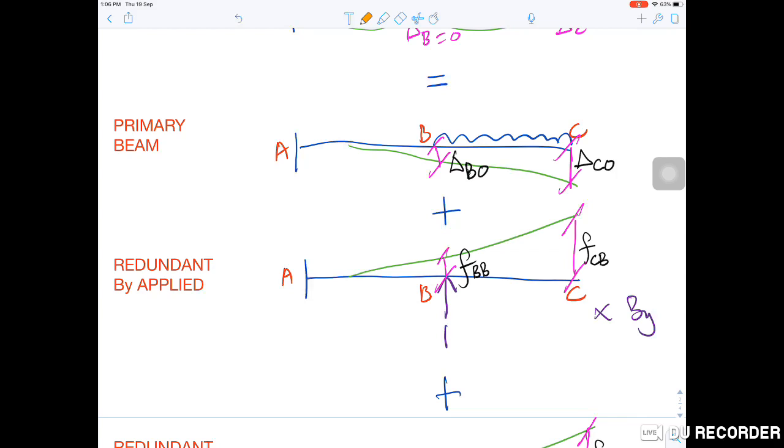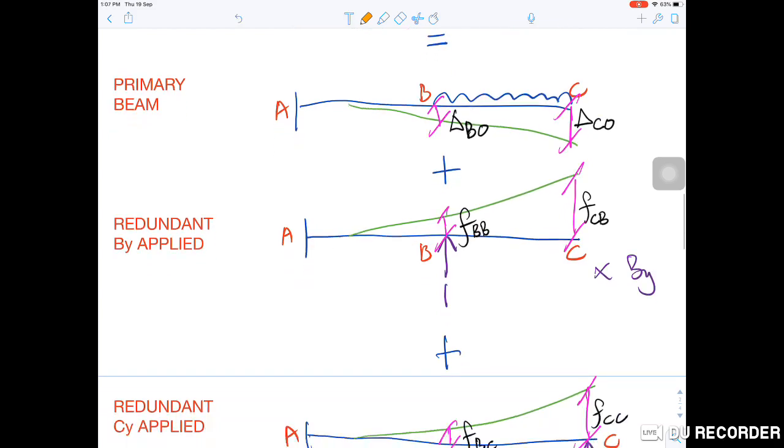It becomes a cantilever beam subjected to UDL. At position B, the delta is delta B naught, representing the deflection at position B for the primary beam, and at position C, it is delta C naught for the primary beam.